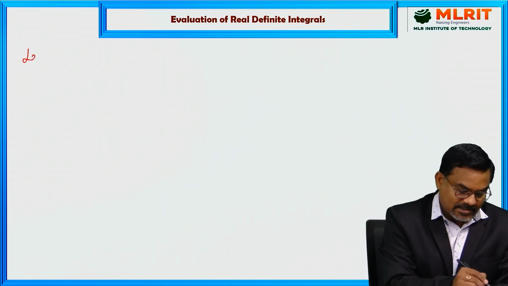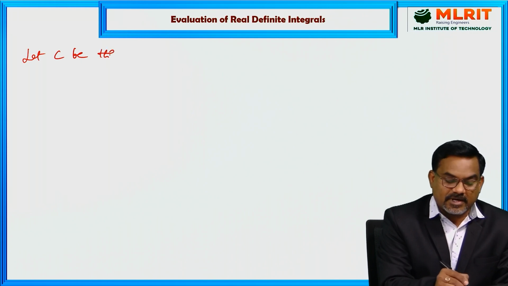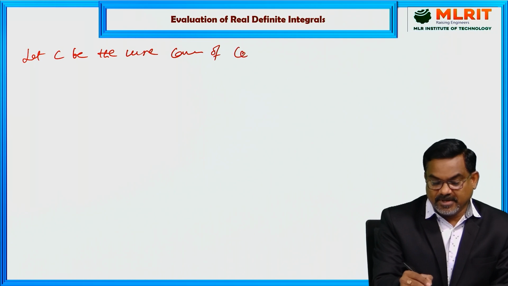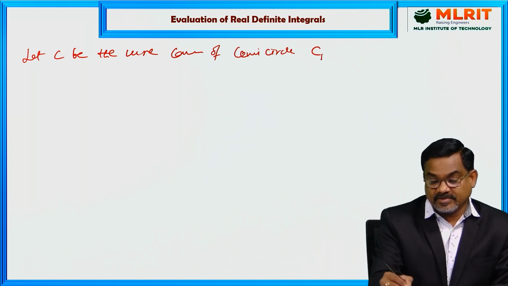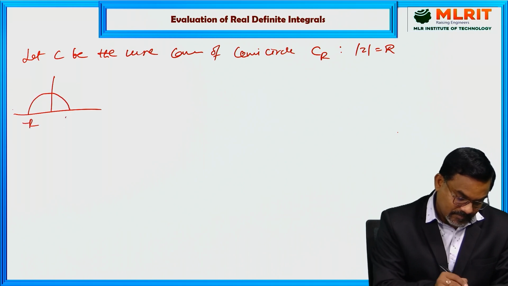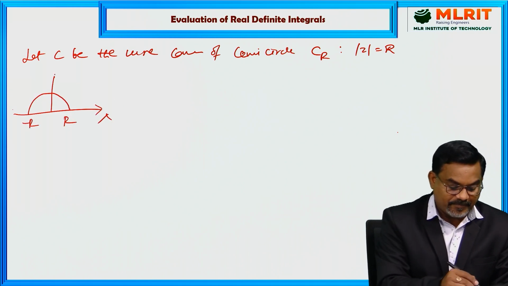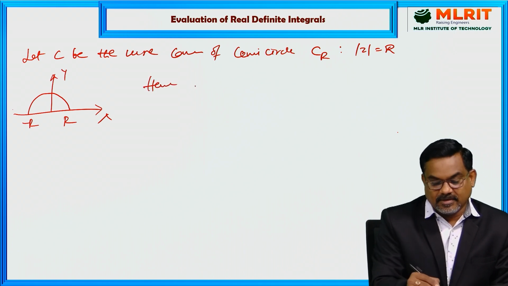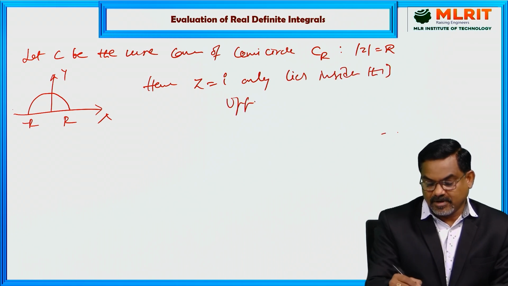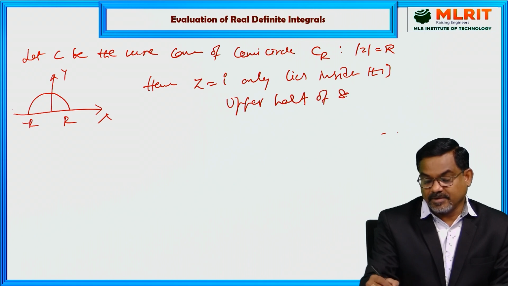Here let C be the curve consisting of the semicircle CR, which is mod z equal to R. Hence z equal to i only lies inside this upper half of the semicircle.